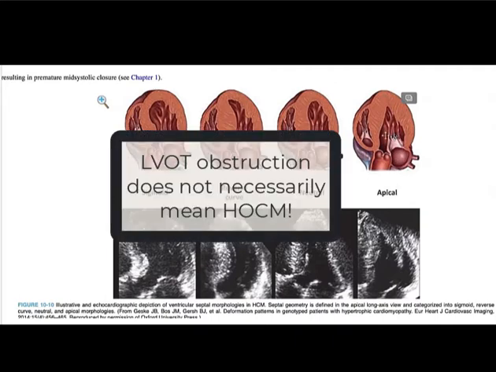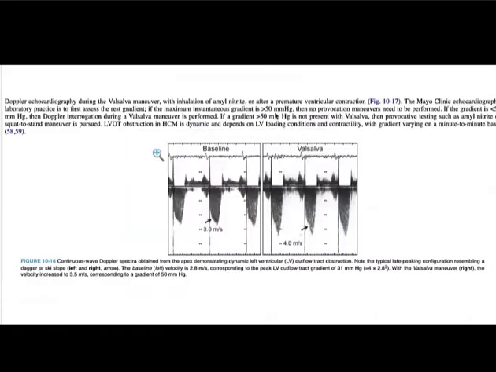A few words on assessing LVOT gradients in the setting of an LVOT obstruction. This is again from the JO book, which says that the Mayo Clinic Cardiology Laboratory's practice is to first assess the rest gradient. If the maximum instantaneous gradient is greater than 50, no provocation maneuvers need to be performed.